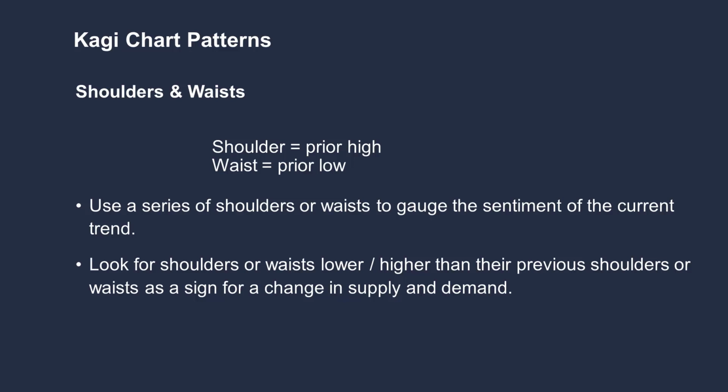So you look for a series of shoulders or a series of waists to give us an idea of the strength of that trend direction, and we can also look for a reversal in that strength where the current shoulder or waist is either lower or higher than the prior shoulder or waist, which can signify a change in supply and demand. Let's now look at an example of that.